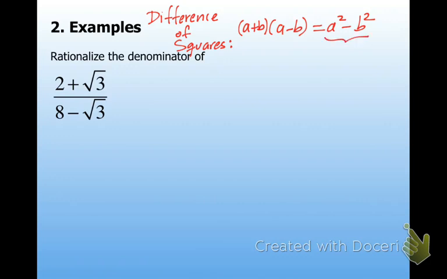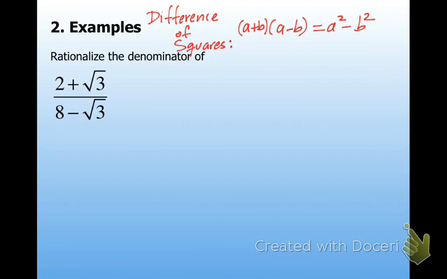This is the difference of squares. So we have to remember that we have the product of conjugate binomials, remember? And the product of conjugate binomials is the difference of squares. So let's use that to get rid of the square root here.